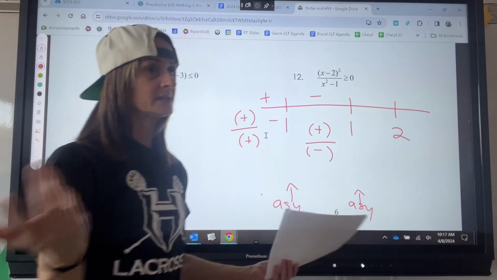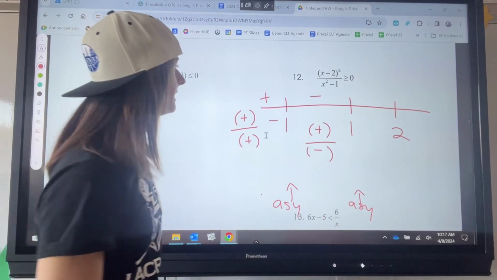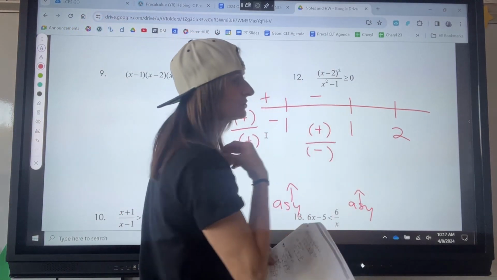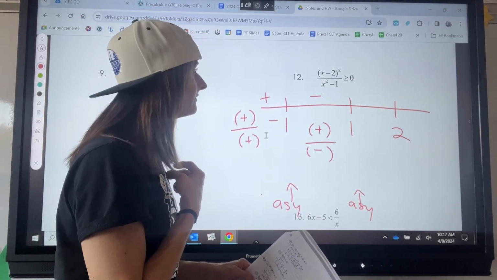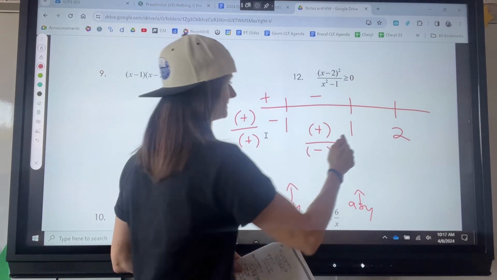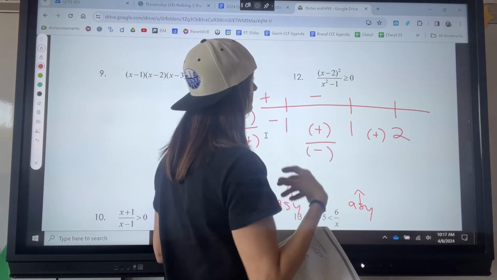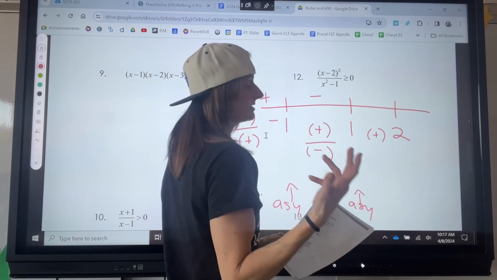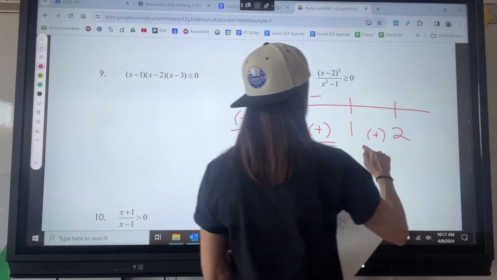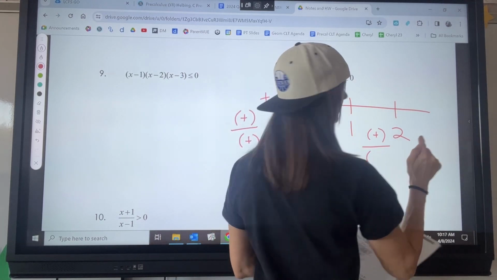Between 1 and 2, we're going to have to pick maybe 1.5. 1.5 minus 2 is going to give me a negative value, but then I squared, it's going to be positive. 1.5 squared is going to give me a nice value that's going to be above 1, and I subtract 1, I'll end up getting a positive value. Right?